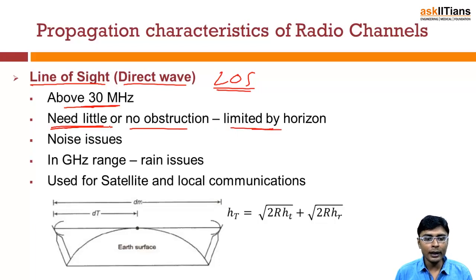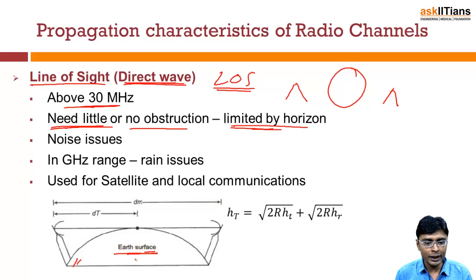First, what is this little or no obstruction? Since the waves go along the direct path, let's suppose this is a transmitter and this is a receiver. We want that there should not be any obstacle in between. And it is limited by the horizon. Consider the earth surface with a transmitter and a receiver: the maximum distance at which it can transmit is limited by the earth's curvature.